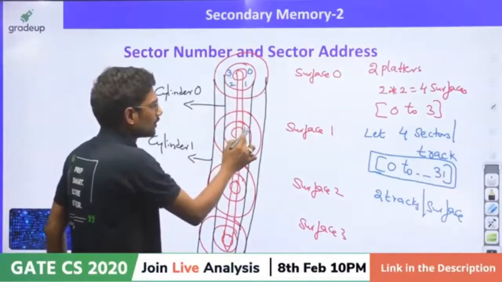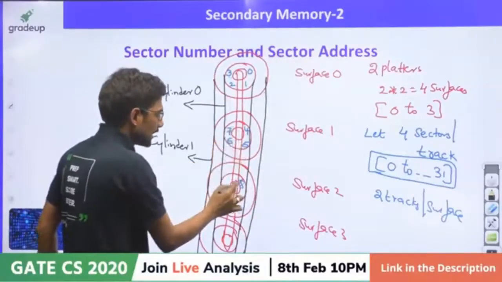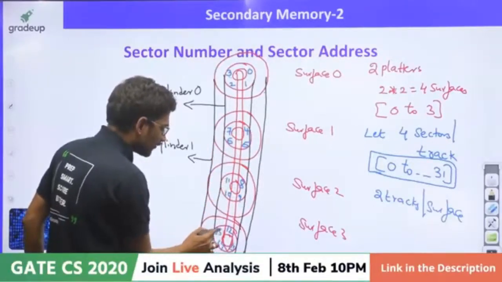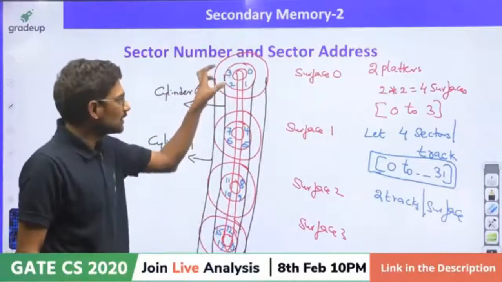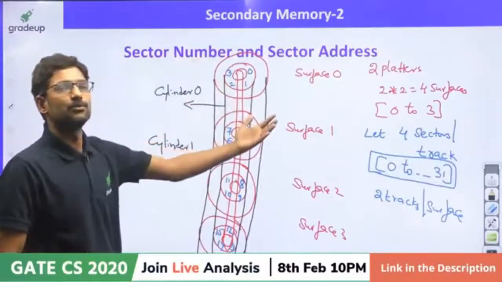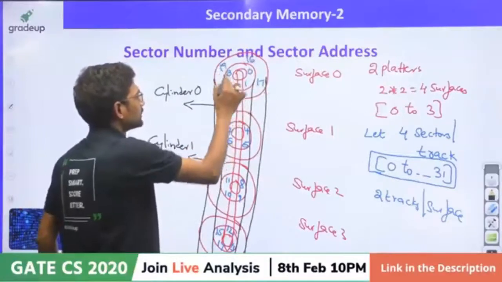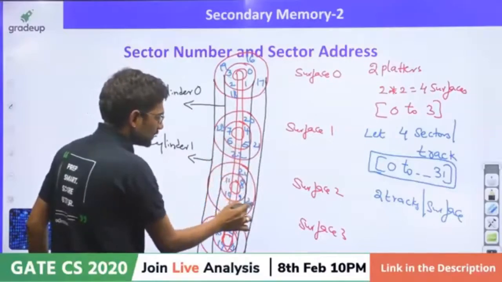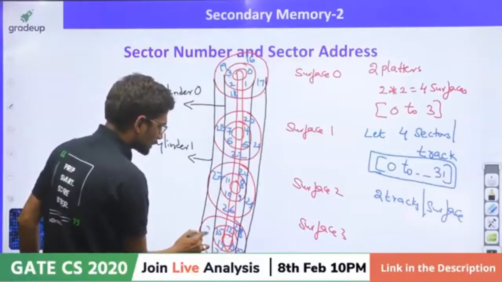Then 4, 5, 6, 7, 8, 9, 10, 11, 12, 13, 14, 15. So all first tracks are filled, that means the cylinder is filled. When one cylinder is filled, only then does it move to the next cylinder. 16, 17, 18, 19, 20, 21, 22, 23. This is how the sectors will be numbered on the hard disk.